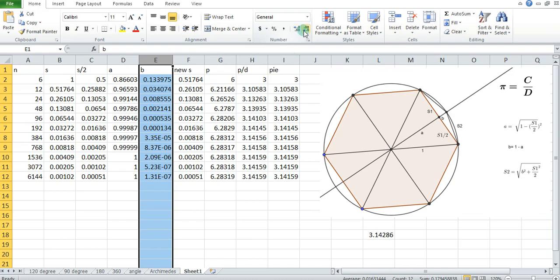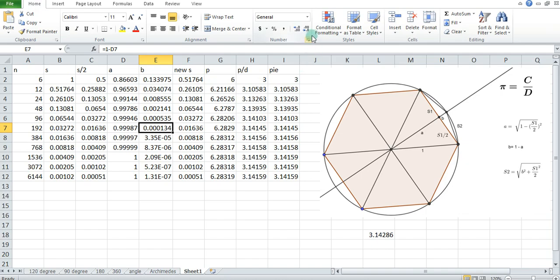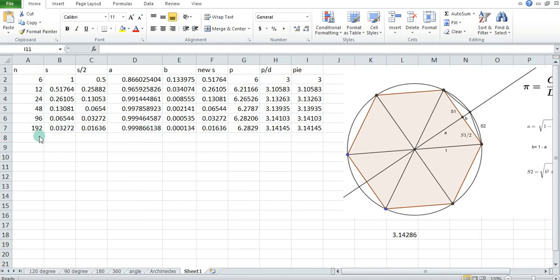Here we are going to decrease the decimal. Okay, we can double it one by one.